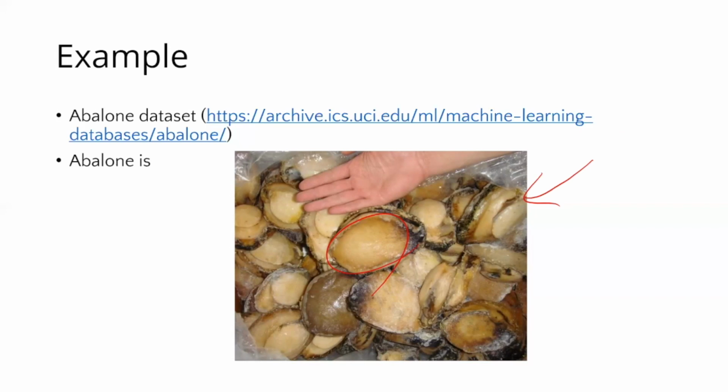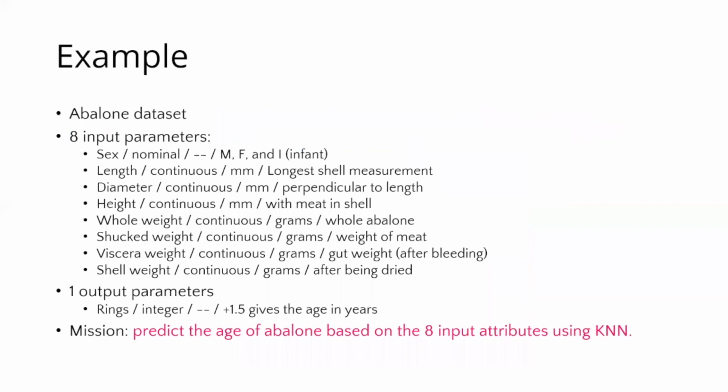Okay, and interestingly, people found that the age of abalone is a function of those 8 parameters. The first parameter is sex, male or female or infant. Those are the 3 values that each abalone can have. Length is how long the abalone is. Diameter is how large the abalone is. And then height is the height.